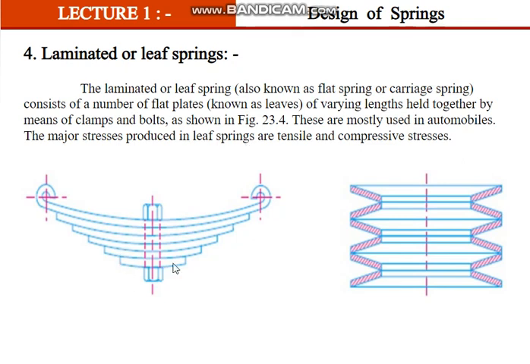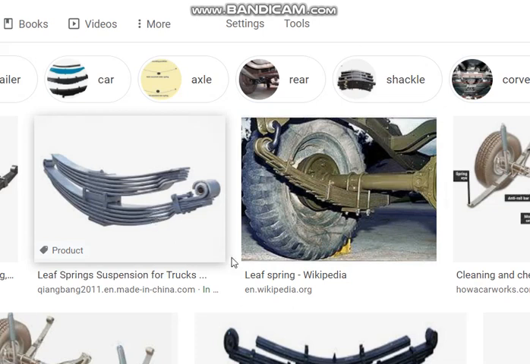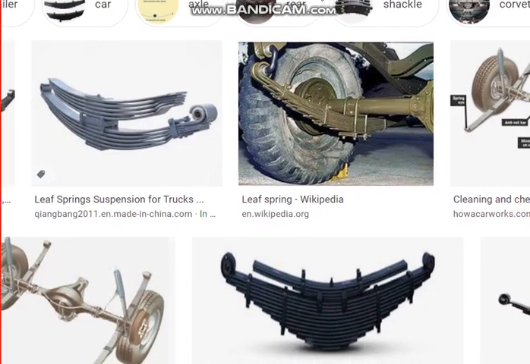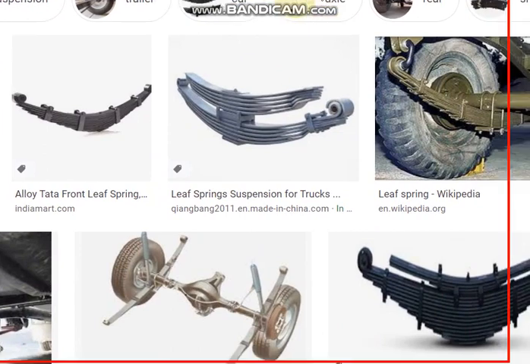No need to design leaf springs, because in our syllabus we are going to design only the helical springs. But types of springs you should know. I can show you some pictures. In automobiles, under the trucks, you will have springs like this. These are all leaf springs. So many types of springs.